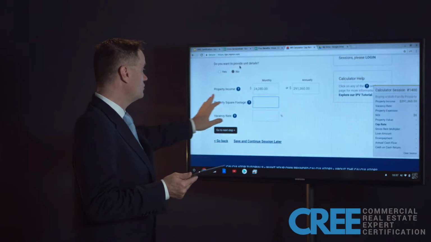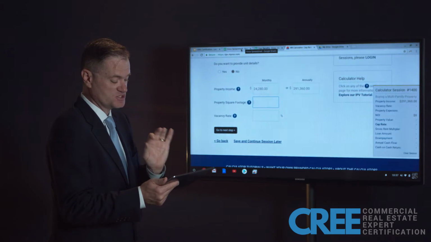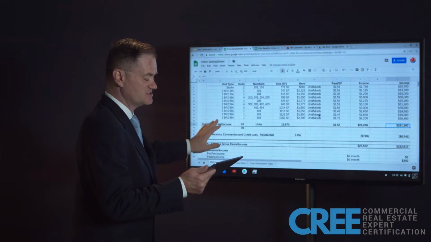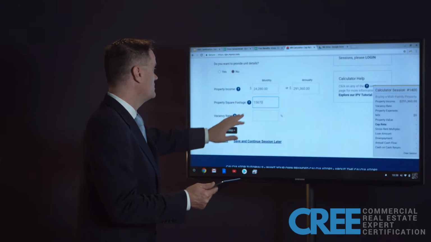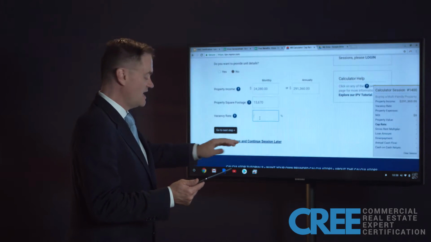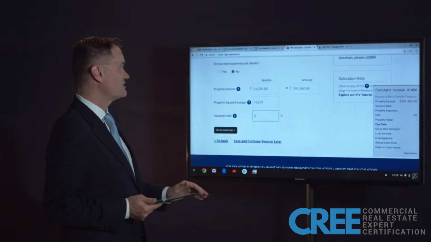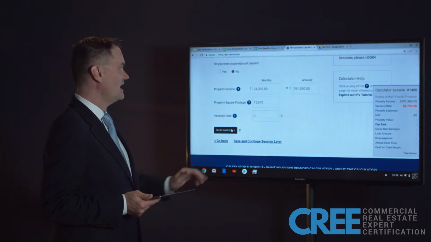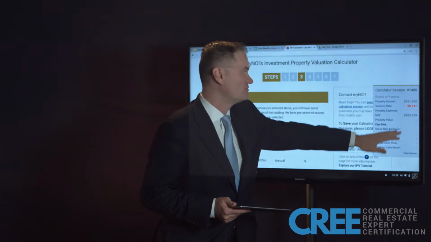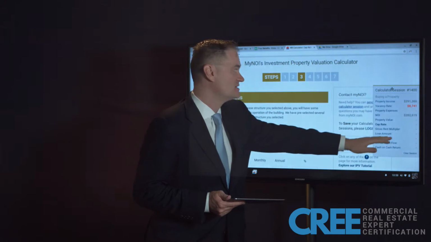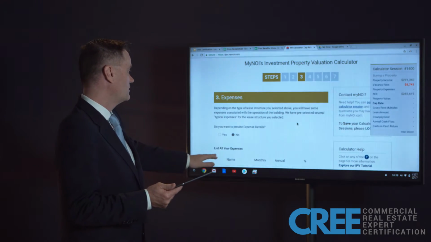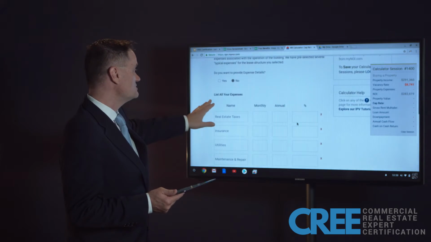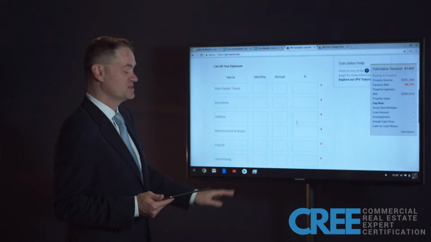So the total square footage, and again, I'm just summarizing this, is 15,670 square feet. I've got it here now, 15,670. And then we're going to take 3% as our vacancy rate. And you're going to see it's building our model for us. We can then provide the expense details, or we can just put a summary in.